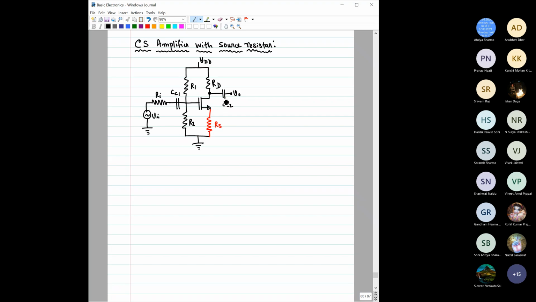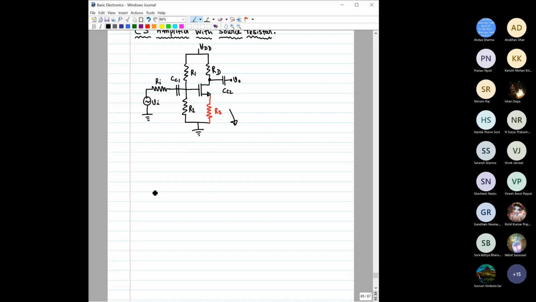To find the small signal gain, it is obvious that we should first draw the small signal equivalent circuit. So let us do that.